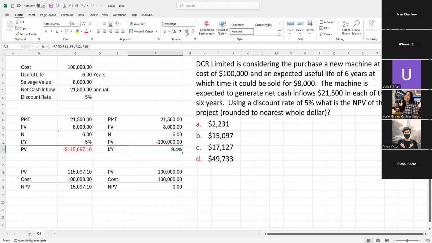And that will be, let's see how exact it is. This is the exact interest rate that makes this formula bring it to 0. So my actual return on this project is 9.39%.